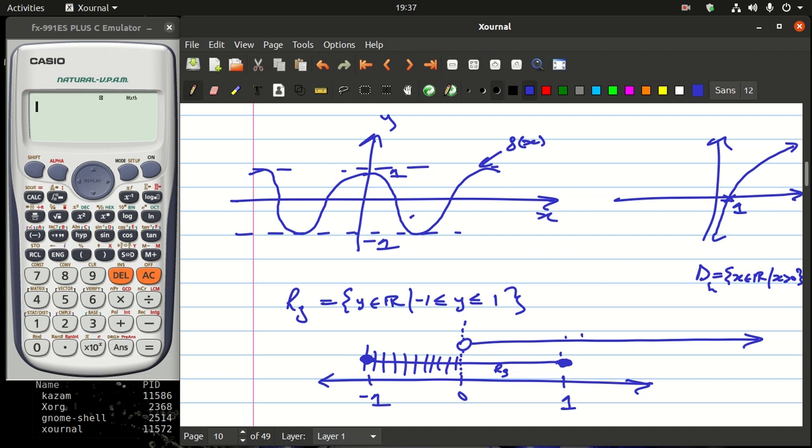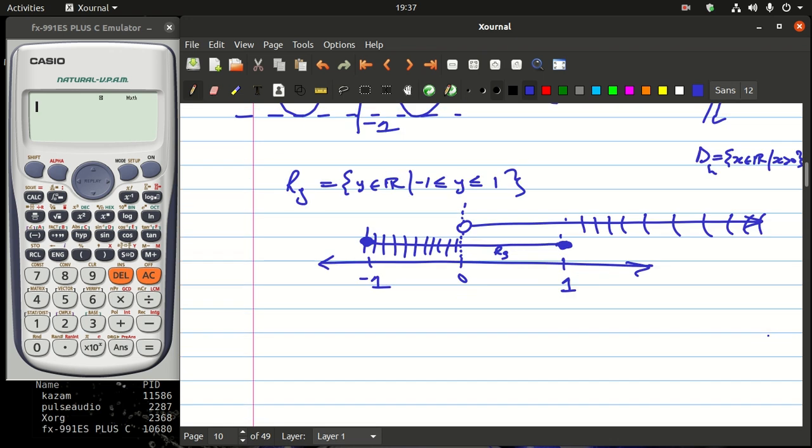And when we start here, the two lines don't overlap, so we don't want that. So we want the domain to be x is an element of real numbers such that 0 is less than x and x is less than or equal to 1. So that's what we actually want, because this one is shaded, so we include it, but this one is not shaded, so we don't include it.